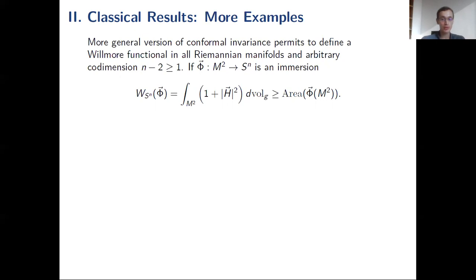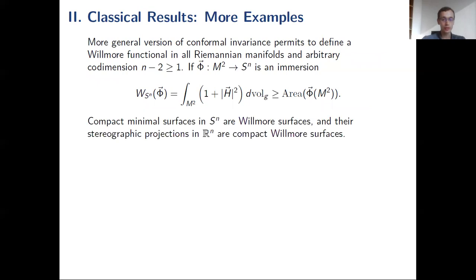So compact minimal surfaces in S^n will also be Willmore surfaces. So we have a lot of examples, for example, the surfaces of Lawson. And by this conformal invariance, if you take a spherical projection in R^n of such surfaces, they stay Willmore surfaces. And it's well known that the spherical projection is a conformal map.